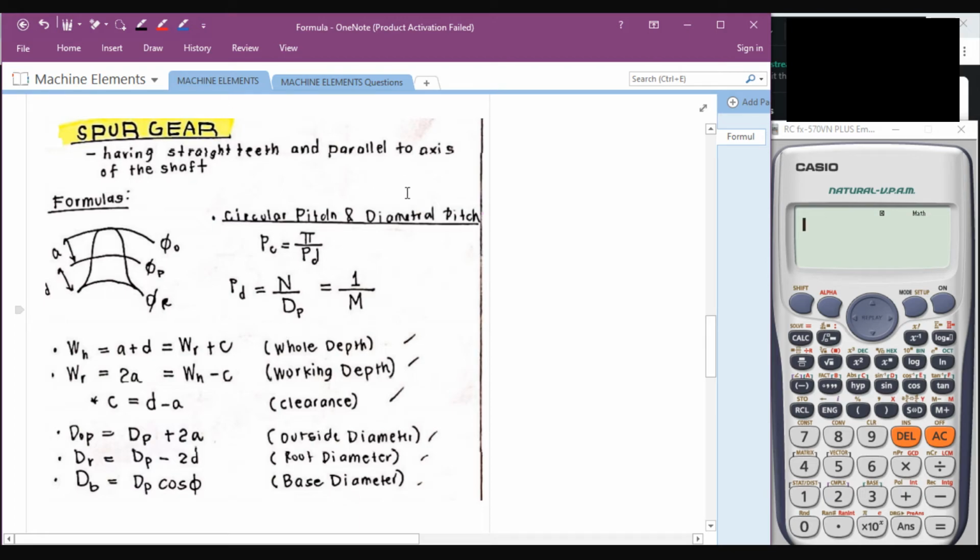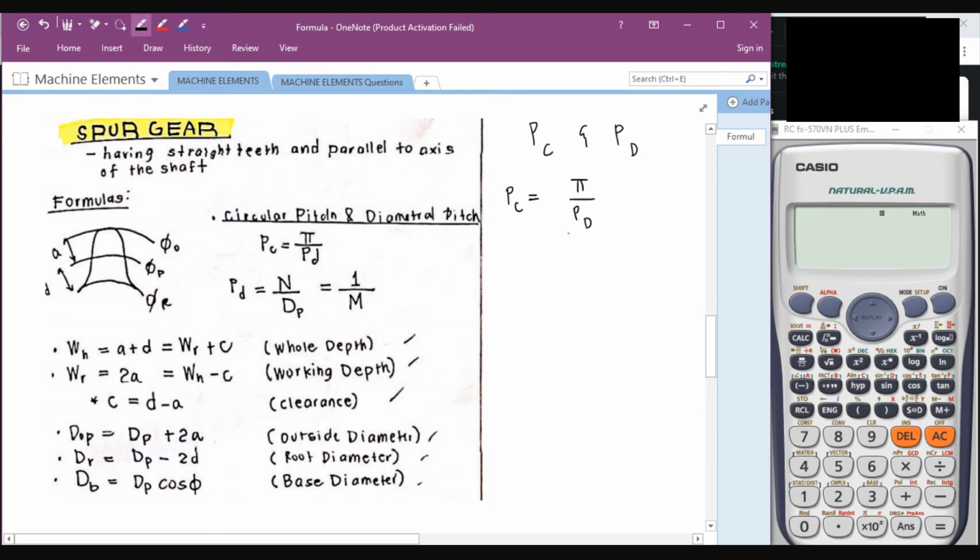Let us learn the pitches named here. Circular pitch and diametral pitch, how do we name them? First are the small ones, the subscripts. How will you get the diametral pitch? The circular pitch is equal to pi divided by the diametral pitch.